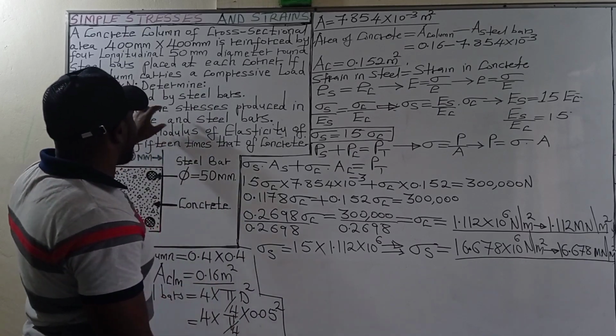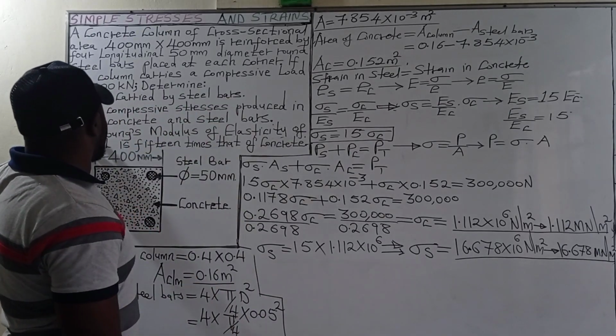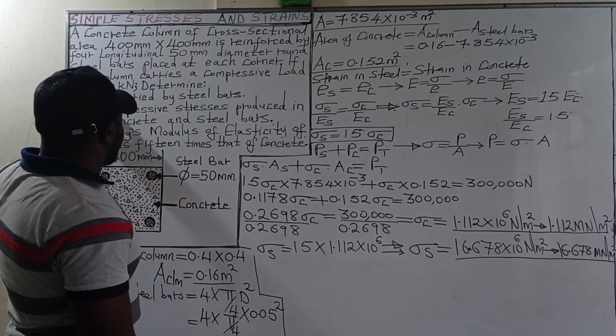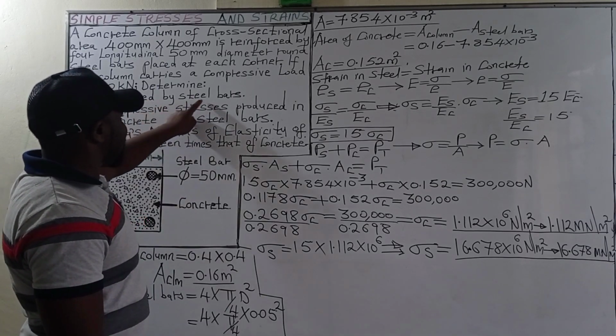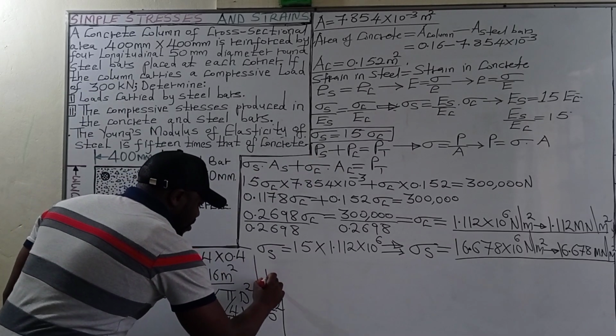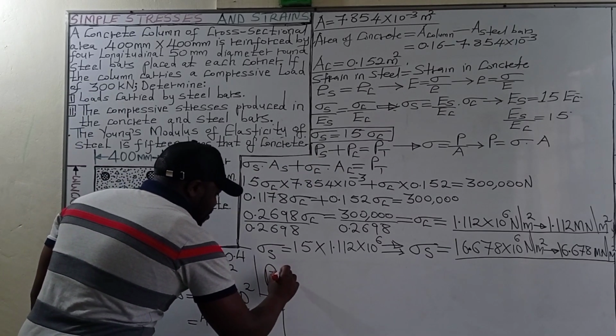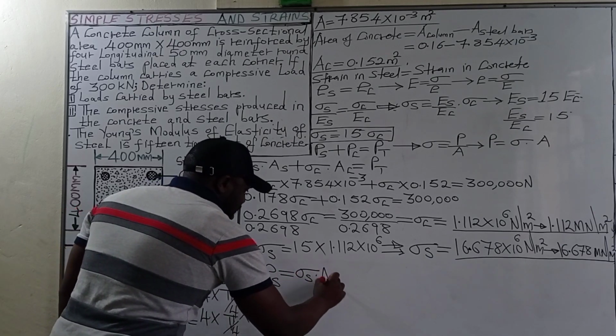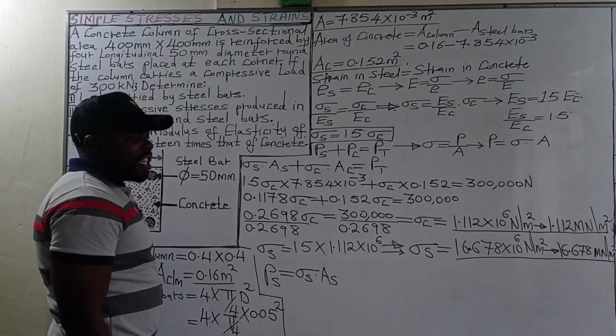So those are the stresses in both concrete and steel. You have already answered question part 2. Now, the other question is to determine the loads carried by the steel bars. So PS, the load carried by the steel bars, will be given by the stress produced in the steel bars multiplied by the cross-sectional area of steel.